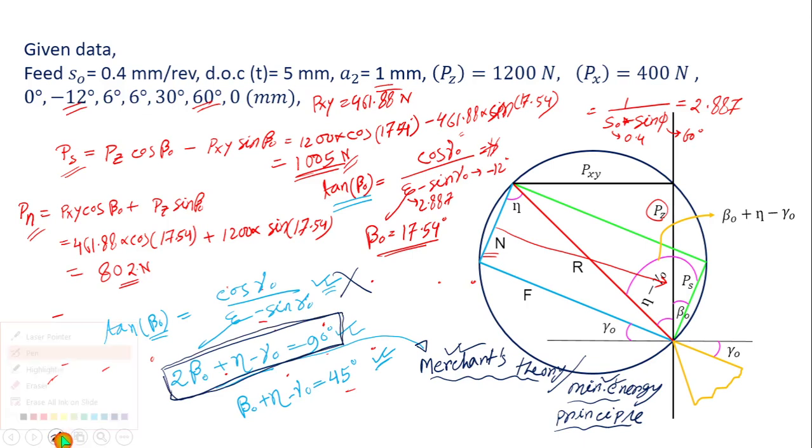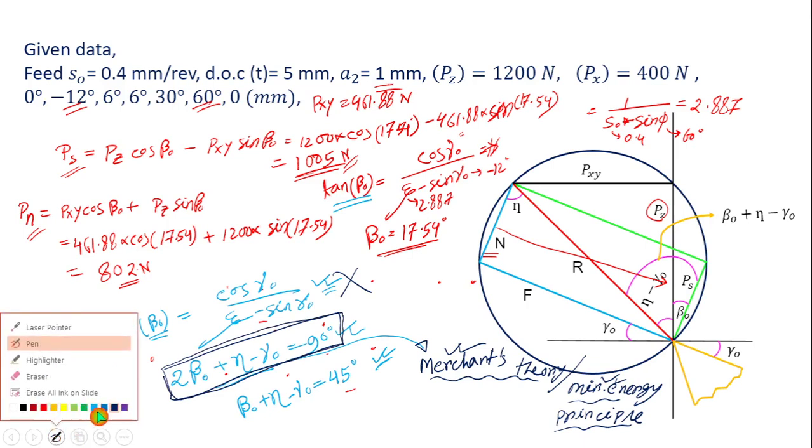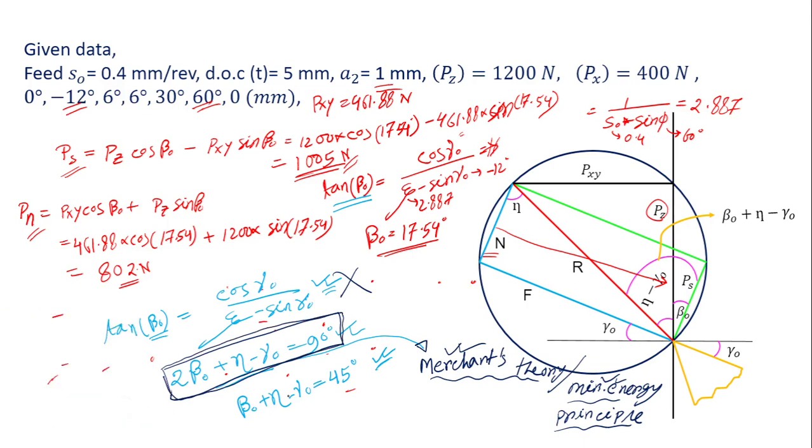Now when can we use this equation? We can use this equation when it is mentioned to solve the question by following Lee and Shaffer's theory or slip line theory.